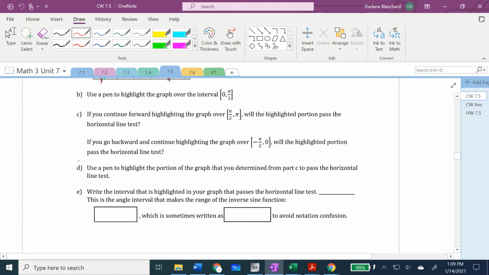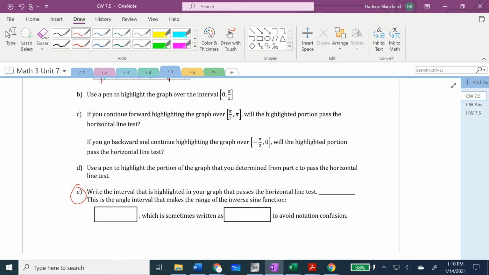Now, when I have you write down the answer in part D, part E, know that I'm keeping the answer in a more simplified format without concerning ourselves with where the asymptotes are. Because technically where the asymptotes are, I can't use those angles.